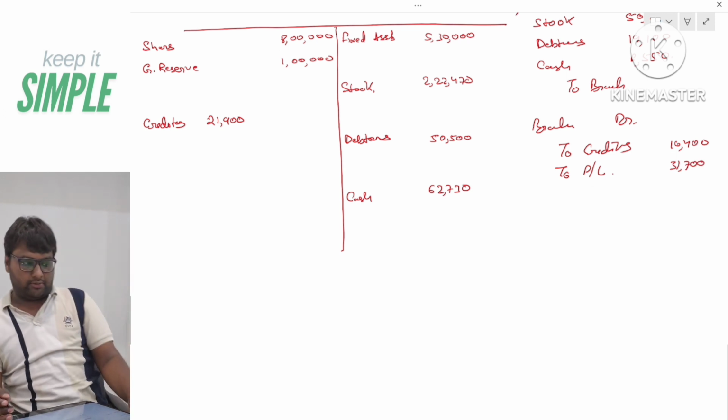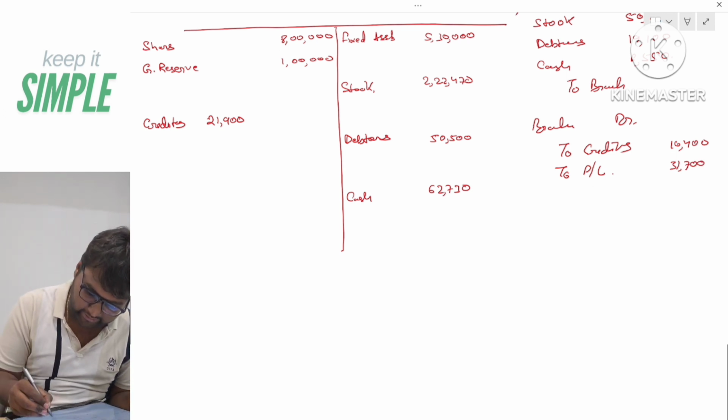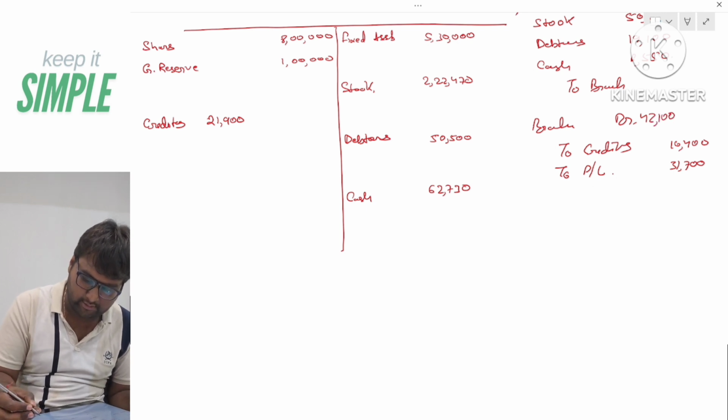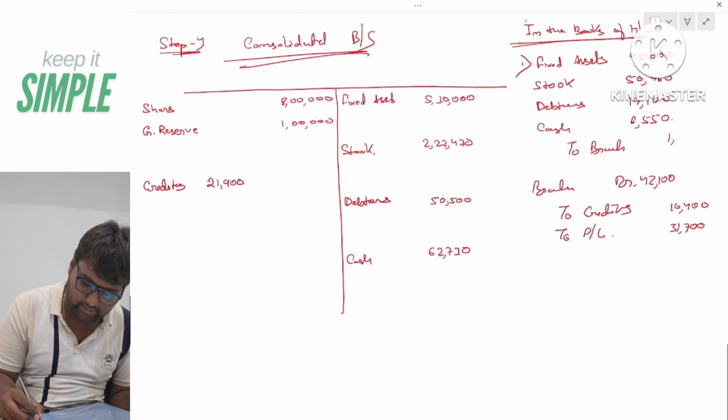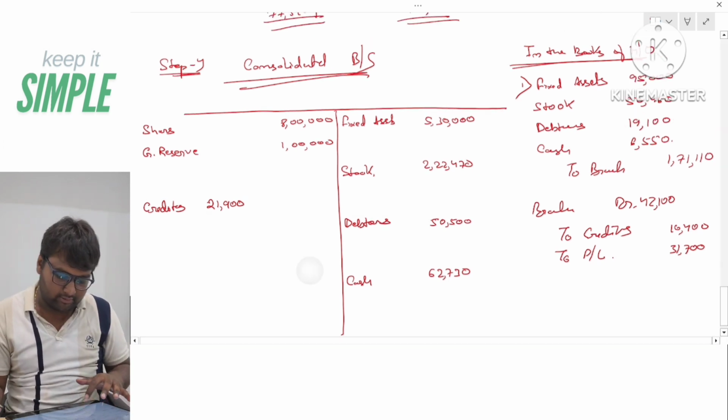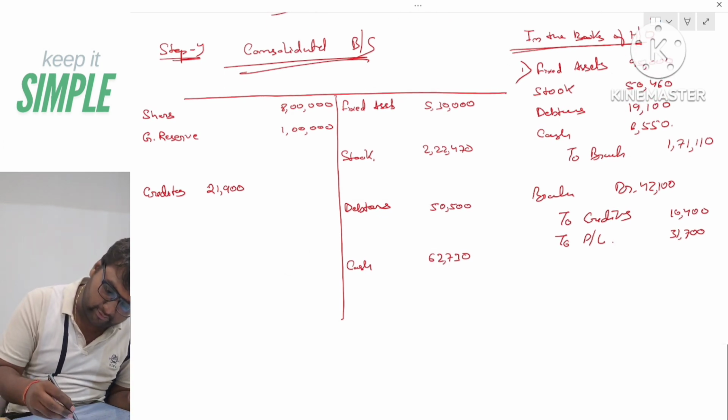Okay, so adding up we'll get 42,100 or 1,71,110. Okay, so once the entry has been passed, we will add up everything here.